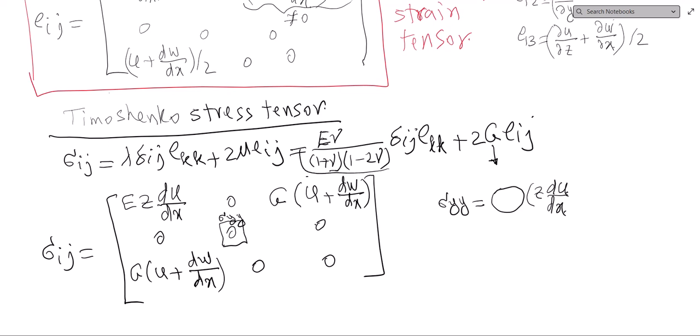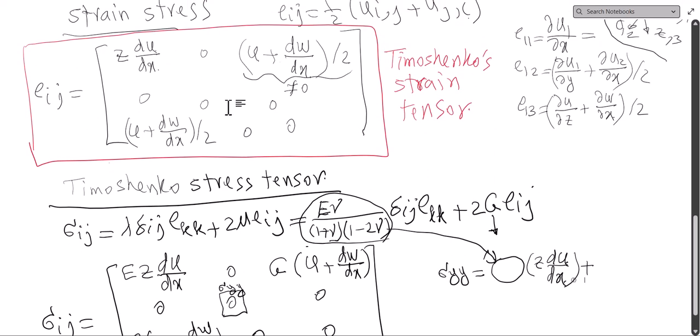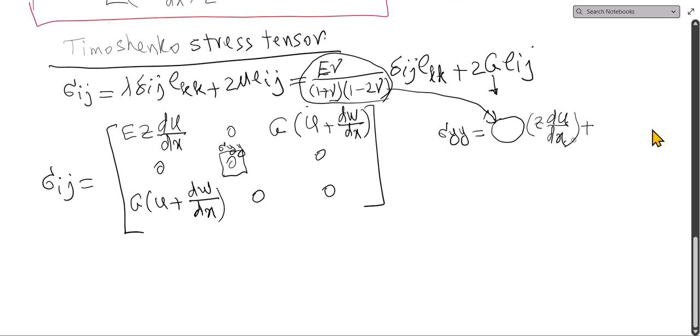So this coefficient comes here, and 2 mu eij, which is 22, is 0, because e22 is 0.